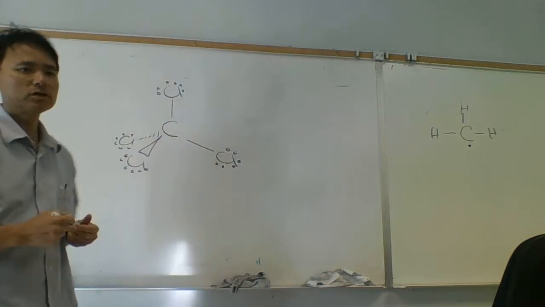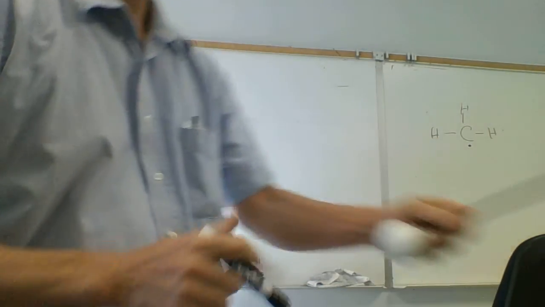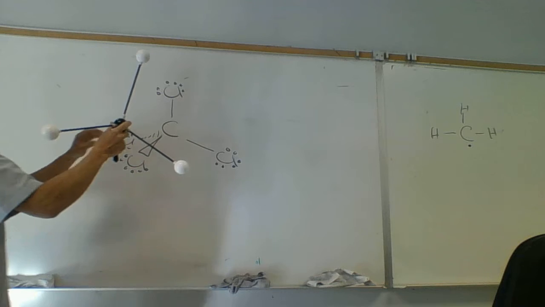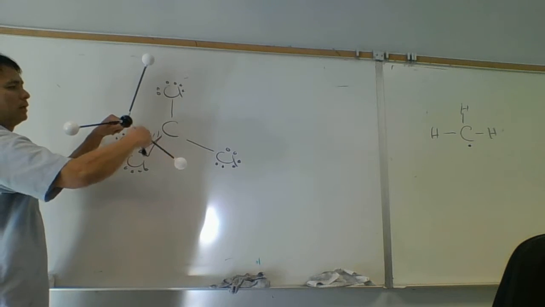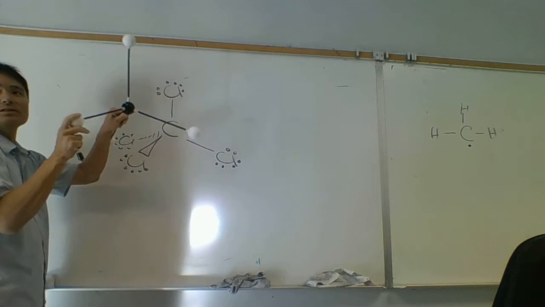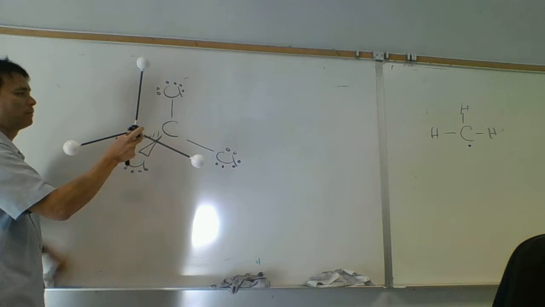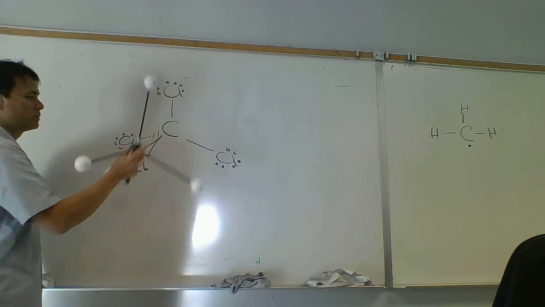So this is what I'm trying to draw on paper: I'm going to orient this in the plane, and that means one sticks out here, one sticks in here. So that's my tetrahedral arrangement.